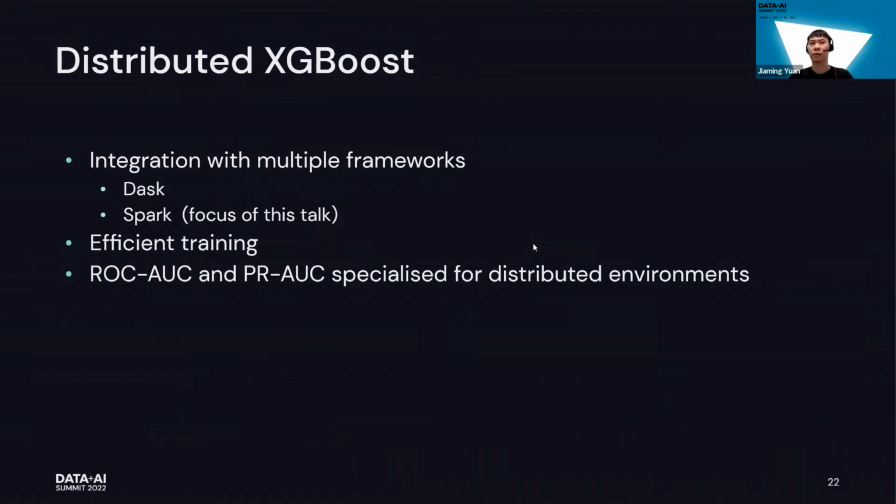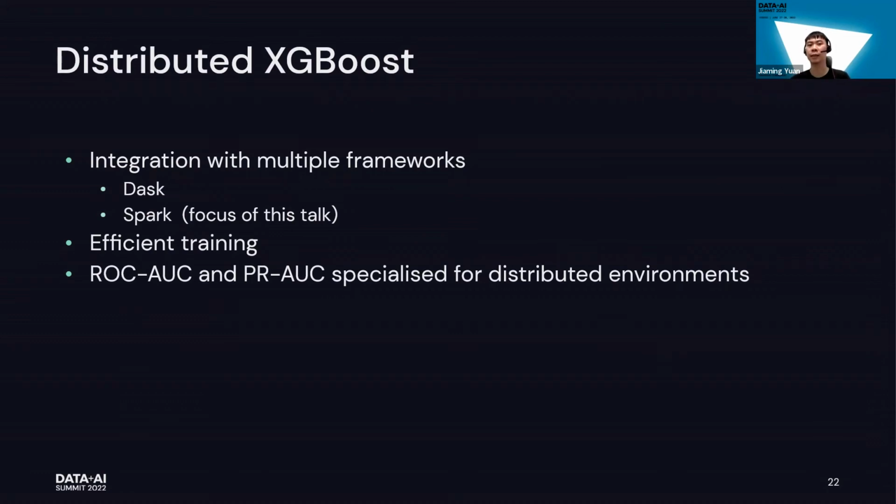XGBoost is integrated with many distributed frameworks, so it has a Dask interface and a Spark interface. It also has a Ray interface, but we'll focus on Spark in this talk. As mentioned, XGBoost is designed to be efficient and scalable, and it has many specializations for distributed environments that range from training to evaluation to prediction.